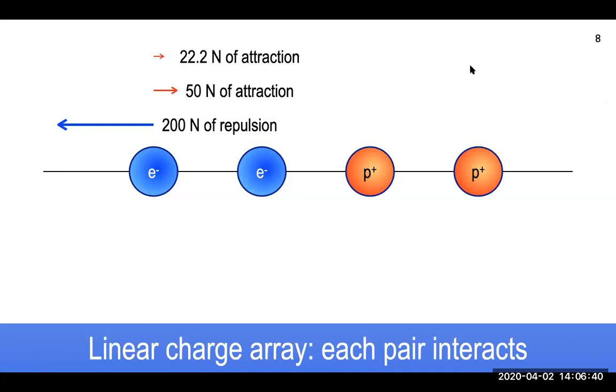Negative 200 plus 50 plus 22.2. Anybody verify me on that? 72.2, so that's 27.8, so this should be negative 127.8. Andrew, double check that. It should be negative 200 newtons, so you should have 127.8, and it should be negative 127.8. Anybody else verify me on that?